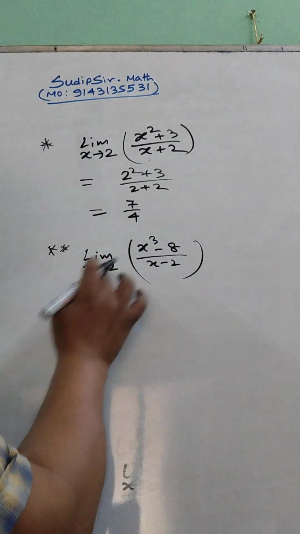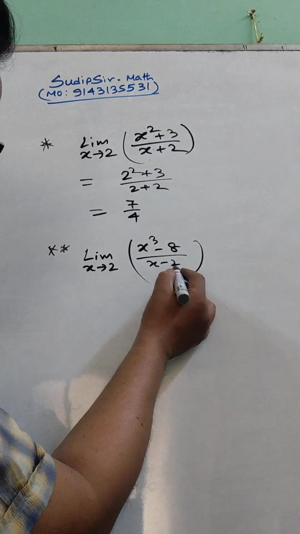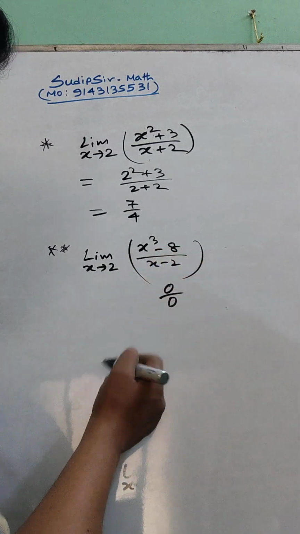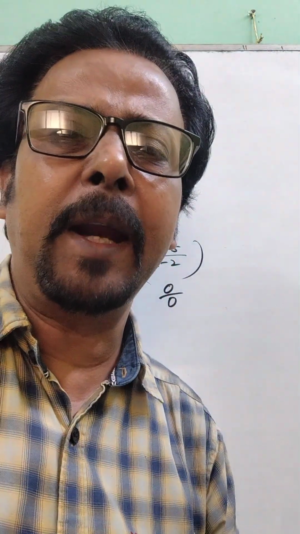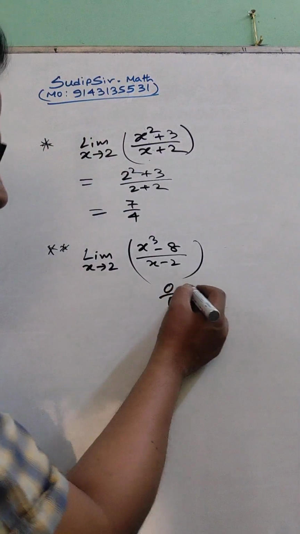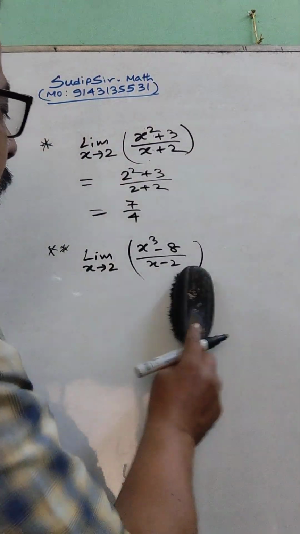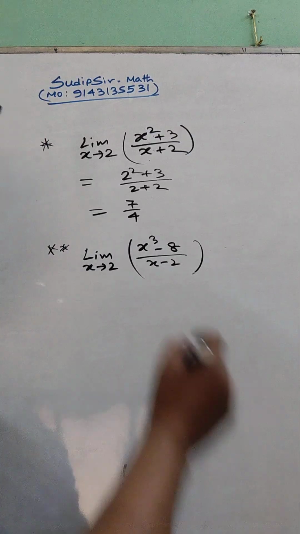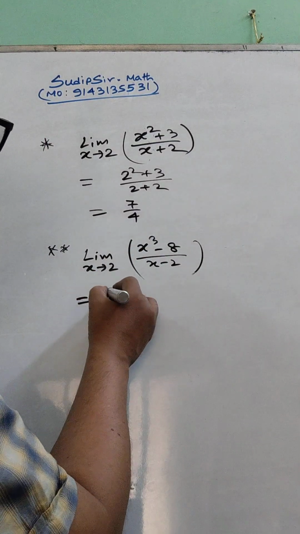Put 2: 2 minus 2 is 0, 8 minus 8 is 0. So we have to remove that factor which becomes 0. For that, we have to simplify it.